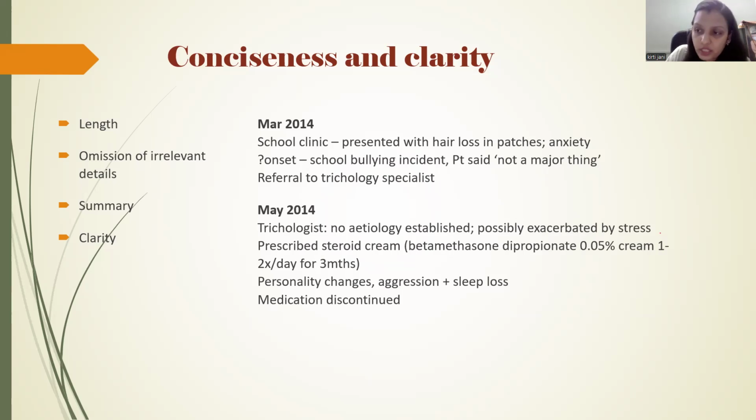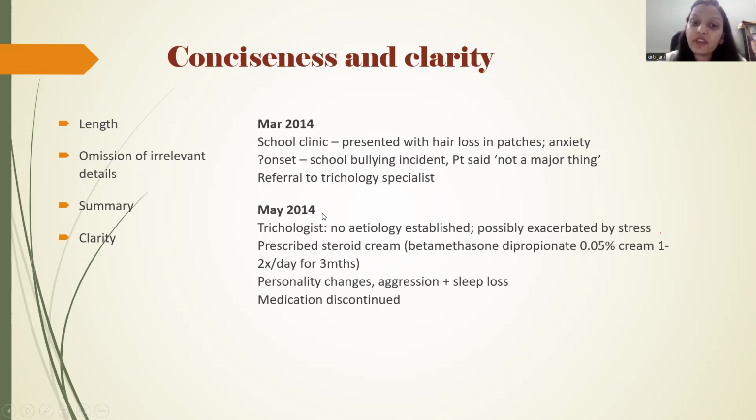Now, I would like to ask you which information is important. Do you think that we should write every single thing? No. We may write that in March 2024, the patient presented to the school clinic with hair loss in patches and anxiety. Here we suspect that it is after a school bullying incident, but the patient said it was not a major thing, so I think we can exclude this information.